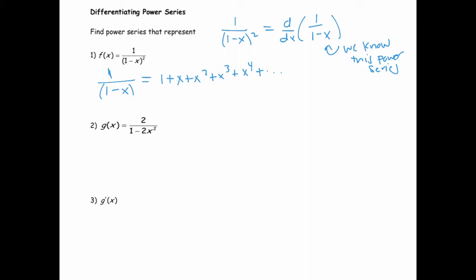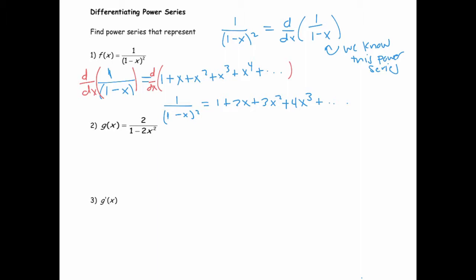So I'm just going to take the derivative on both sides, and that'll produce a new one. So the derivative of the left-hand side is 1 over 1 minus x squared. Oops. And the derivative of the right-hand side is 1 plus 2x plus 3x squared plus 4x cubed, etc. So we can get power series through differentiation.